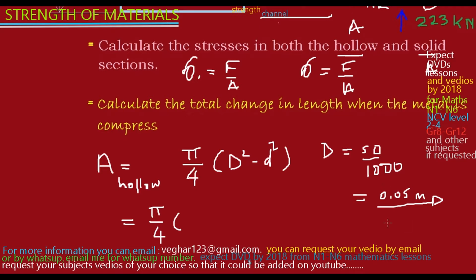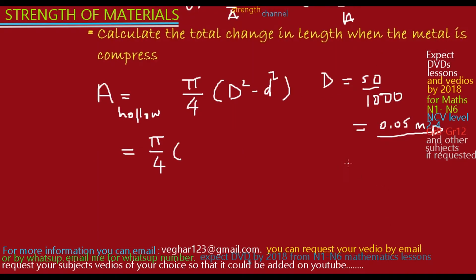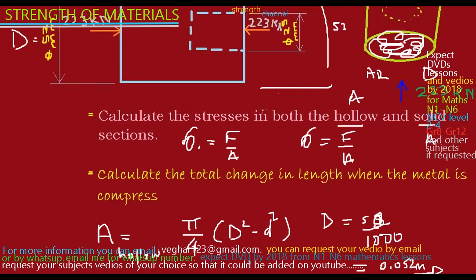And you divide the other diameter as well, it will be 25 divided by 1000. This is not 50, it's 52. So it's 52 from there.